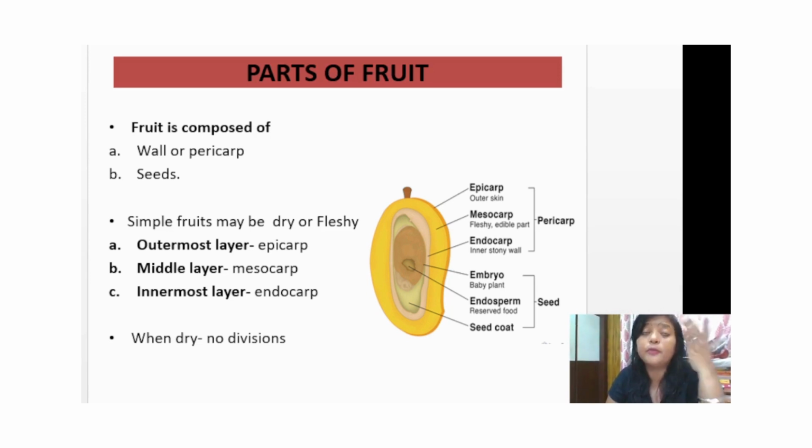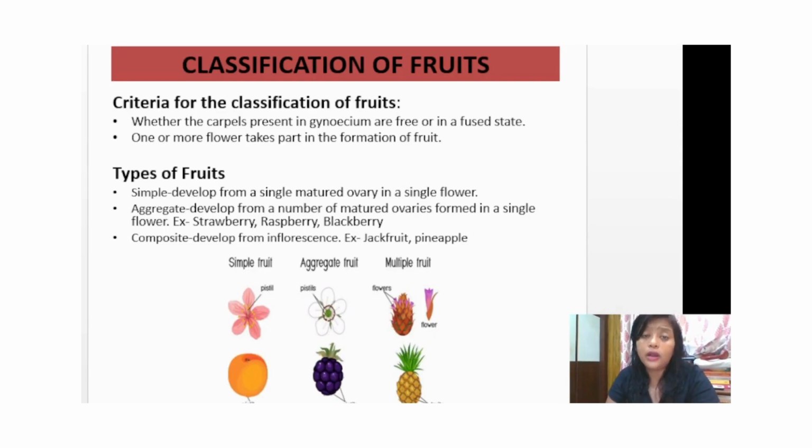Now normally fruits may be dry or it may be fleshy. When it's fleshy there are many divisions of type of fruit, and when it is dry then there is no division. Now when we classify fruits, there are two basic factors on which a fruit is classified. First of all, the carpels present in the gynoecium are either in free form or in fused state. I have explained this in my previous class, kindly go back to my previous class to know the basic things. And the second is how many flowers participate in the formation of fruit, one or more flowers.